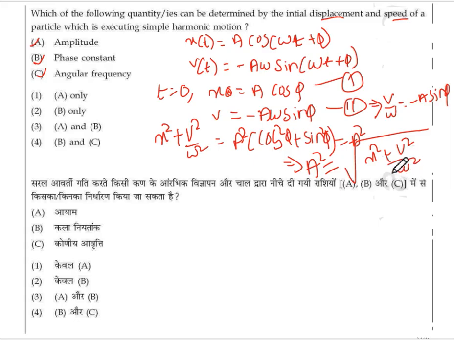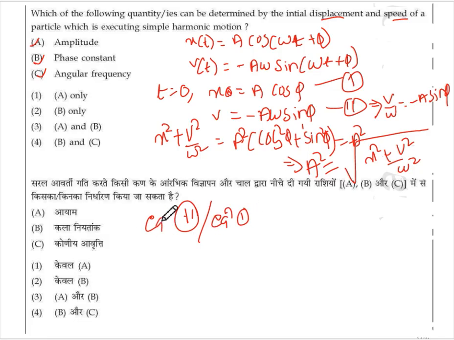So if omega is known, then we can find its amplitude. And the second one: divide equation 2 by equation 1.